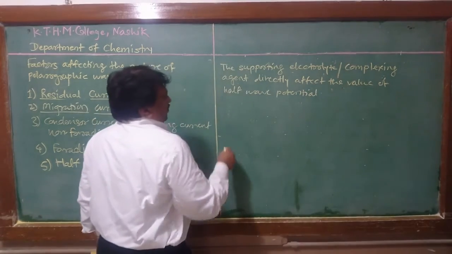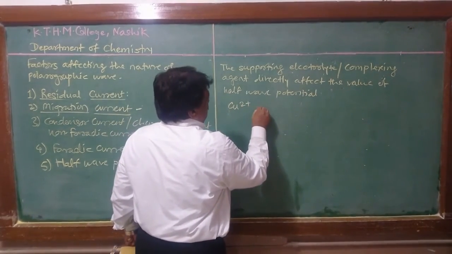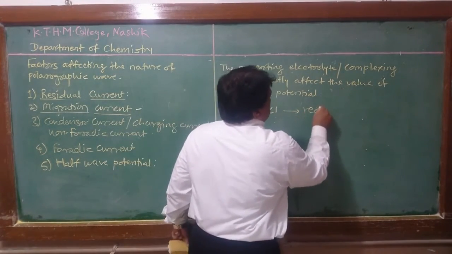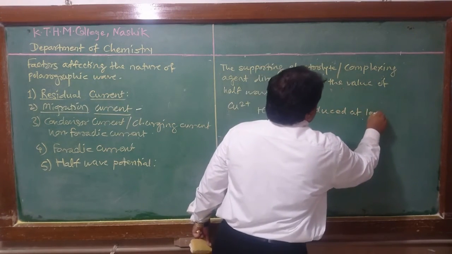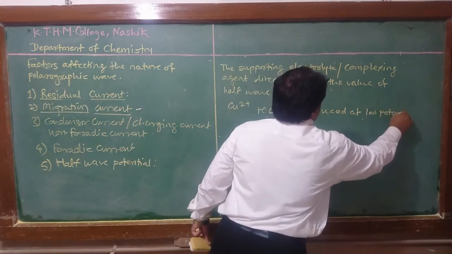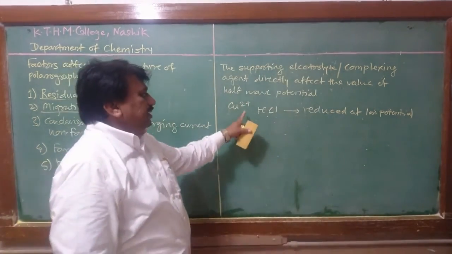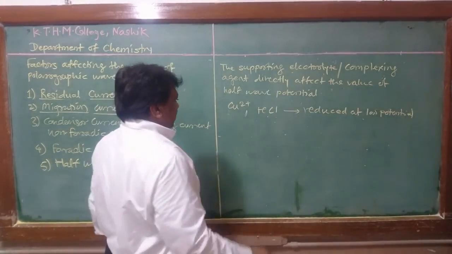For example, if copper is analyzed in presence of HCl, then it will be reduced at lower potential. Because here copper is uncomplexed, it will be reduced at lower potential in hydrochloric acid medium.